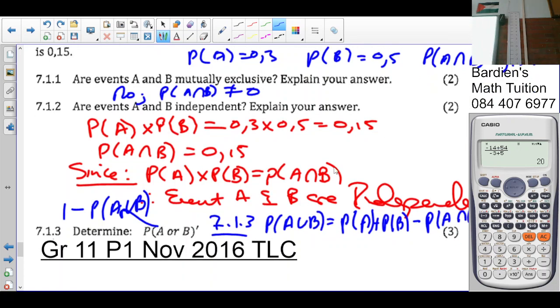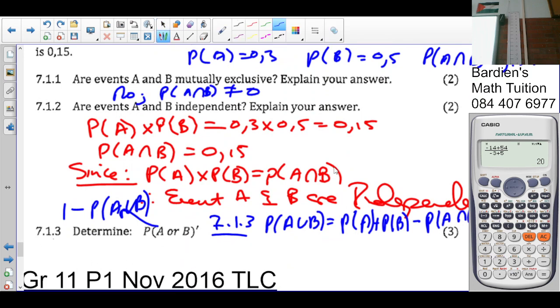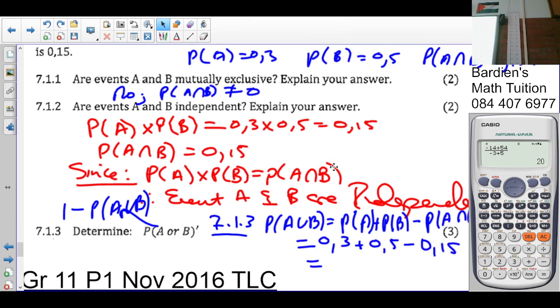Okay, so that is simply A union B will be 0,3 plus 0,5 minus 0,15. That is 0,65. 0,65 is correct.